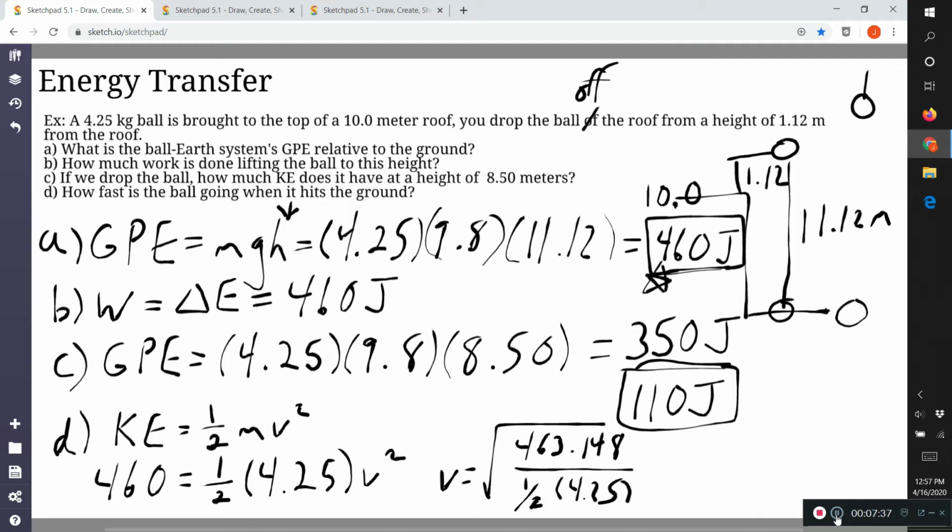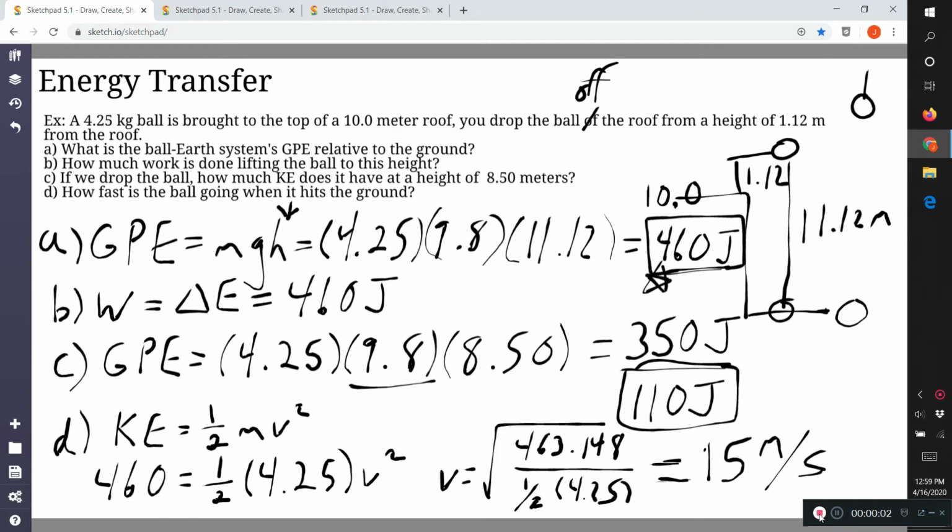And I get, now I have to restrict myself to 2 sig figs here because in this process I used 9.8, which is limiting our calculations. So I get 15 meters per second. So we can use what we know about these two formulas and how they work together to use one to solve for the other in circumstances.